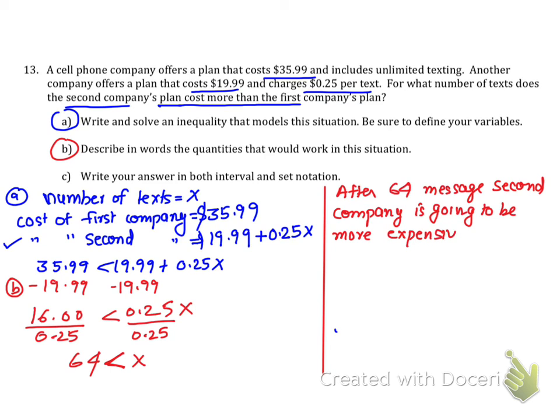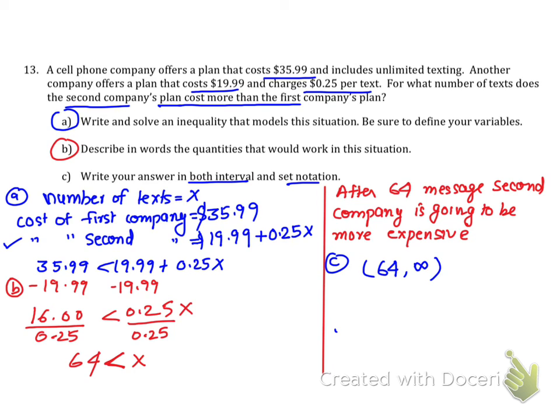All right, so let's move to the other one, C. C says again the same way, interval and set notation. So interval notation, we have to write it like this. It's after 64, but when you're messaging, the messages could be unlimited, so it could be any number of messages.